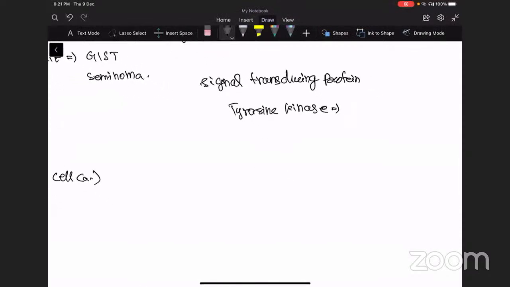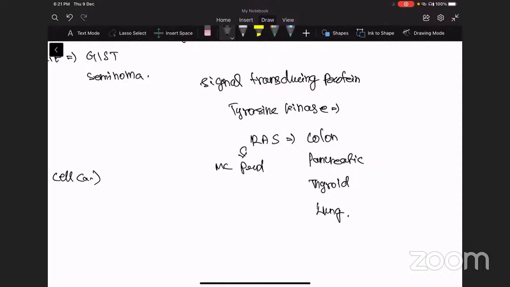That's a question for you guys. RAS, colon cancer, pancreatic cancer, thyroid, lung, and this RAS is the most common proto-oncogene mutation.